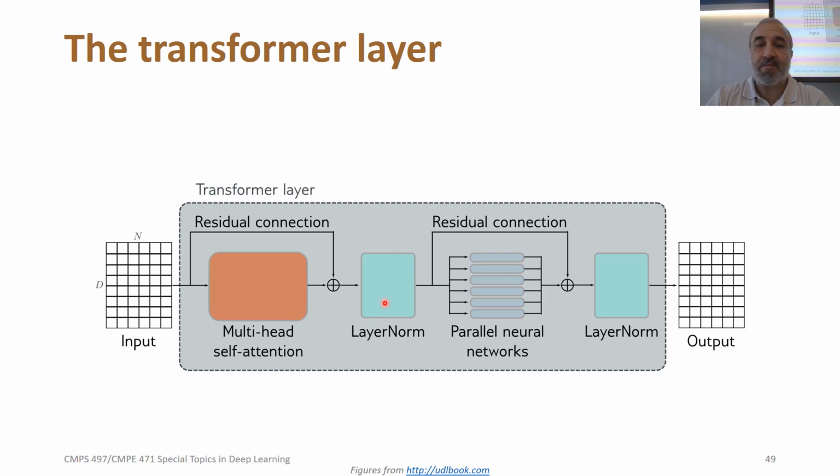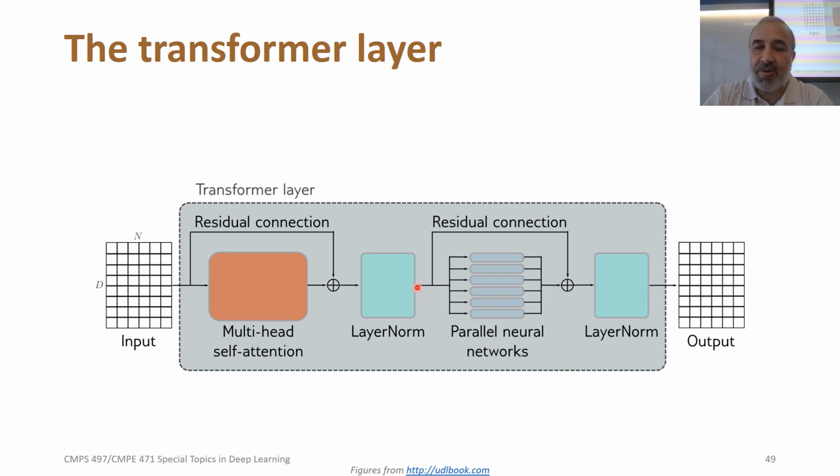We'll talk about it. Then it goes through a fully connected neural network. This is the rest of the course that we studied, before transformers. This is the fully connected network. We'll talk about what it means exactly, but this is the standard neural network that we studied.